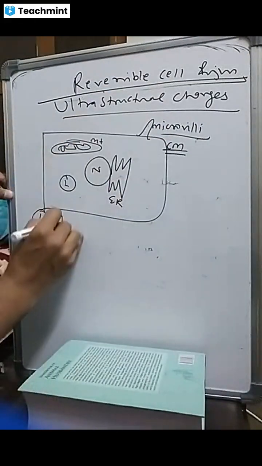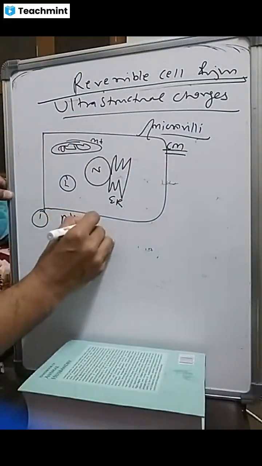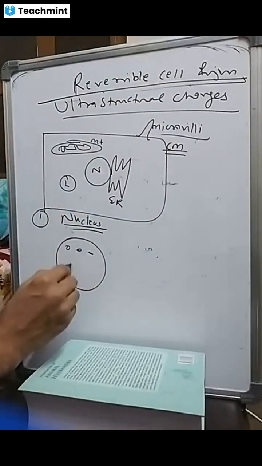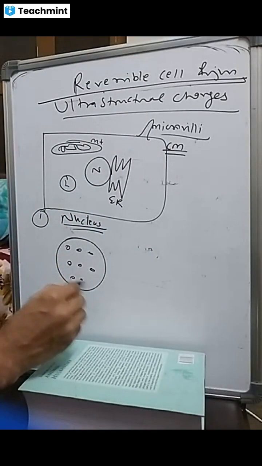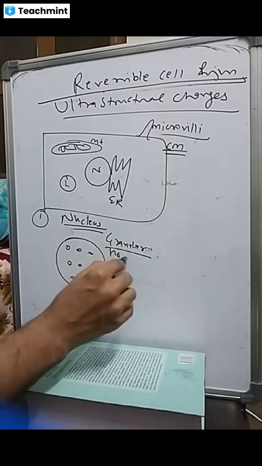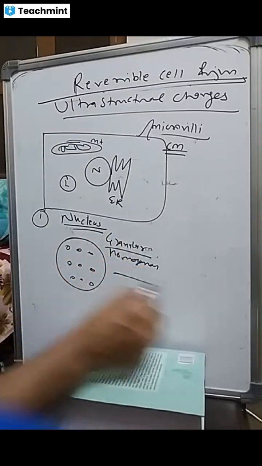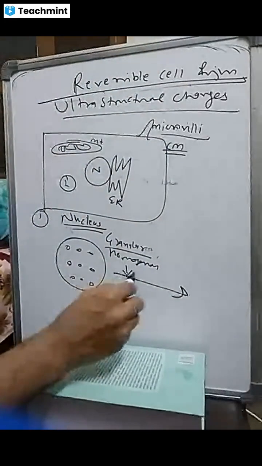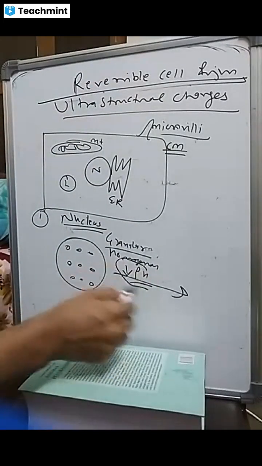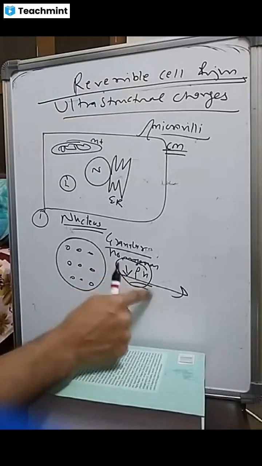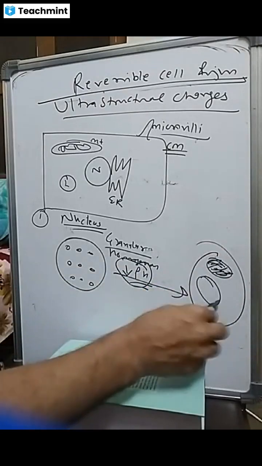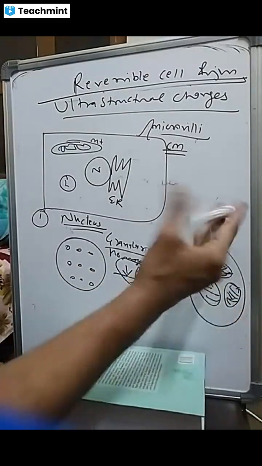What happens in reversible cell injury at the level of the nucleus? Normally, the nucleus is homogeneous. In case of reversible cell injury, there is a decrease in pH because of glycolysis and lactic acid. Because of low pH, this chromatin material shows clumping.